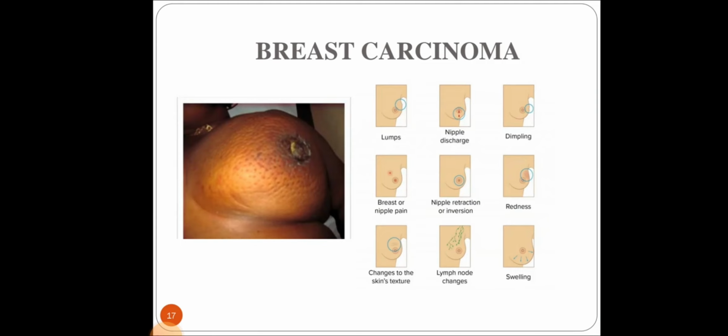And then another thing is endocrine. That is the endocrine means the role of exogenous hormones, particularly oral contraceptives, then hormone replacement therapy, that have some relation with the development of breast cancer, it is told.